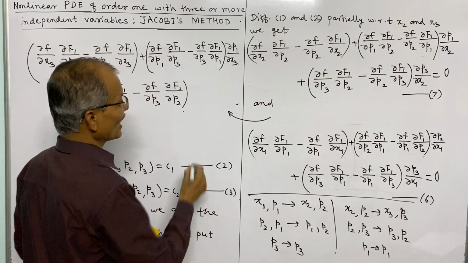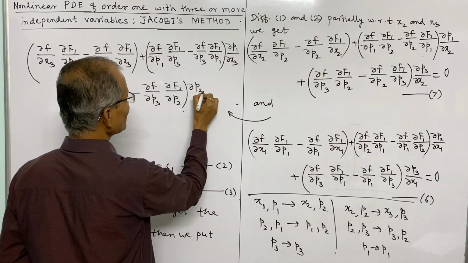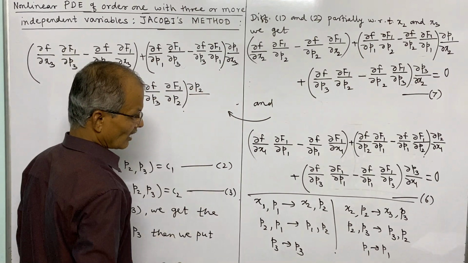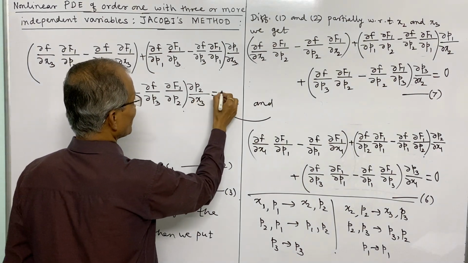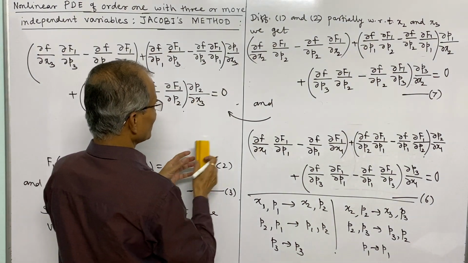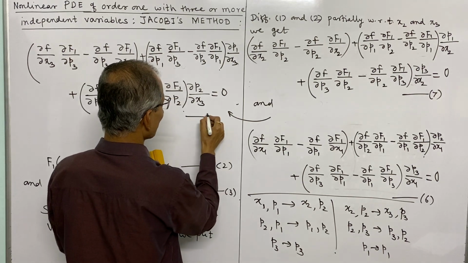This is multiplied by ∂P3, P3 is P2, and by ∂X2, X2 is X3, is equal to 0. And this is our equation number 8.